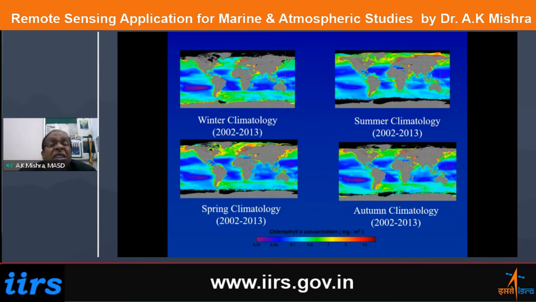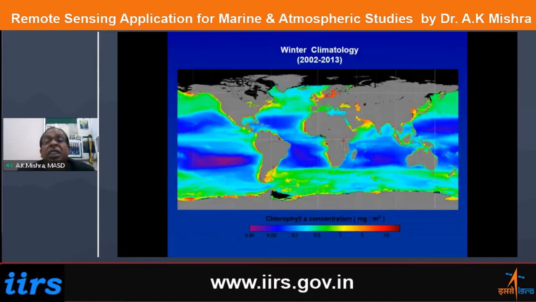But as this is absent in these areas, you can see in the equatorial region the phytoplankton concentration is more, because in the equatorial region the ocean turbulence is more, upwelling is more. That's why you are getting a lot of nutrients along with the sunlight, and you get more phytoplankton compared to the oceanic desert areas.